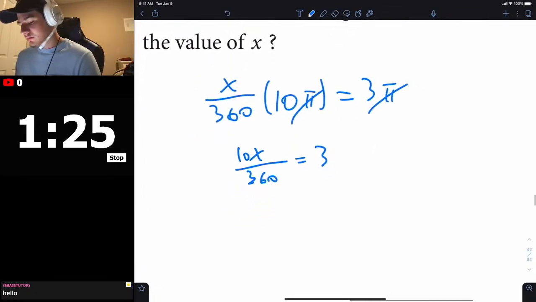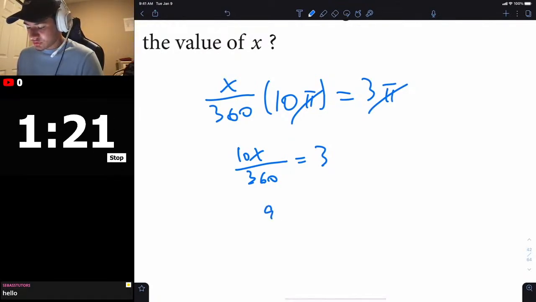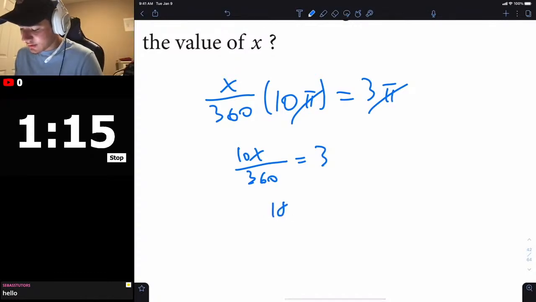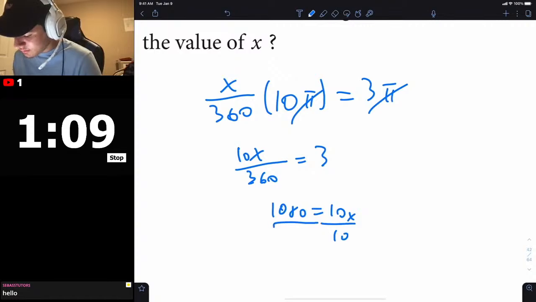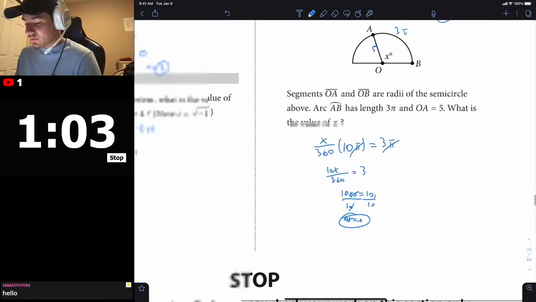Okay, multiply by 360 on both sides. So I get 9. Ooh. Okay, yeah, I get 1080. 1080 equals 10x, divided by 10. That's going to cancel that, and then 108 is x. So the answer is 108 to that problem.